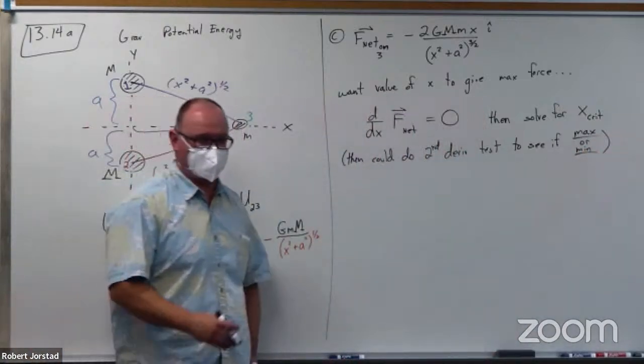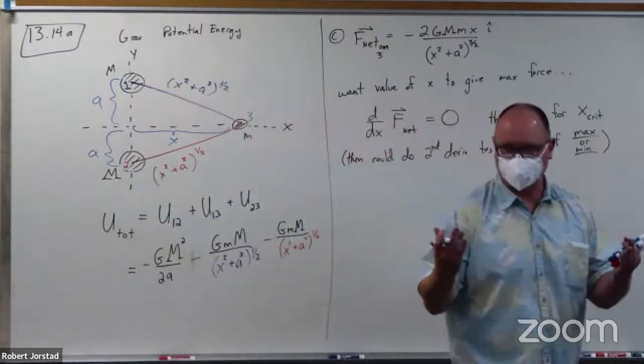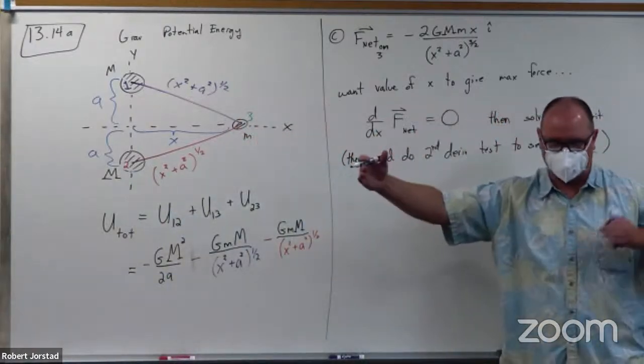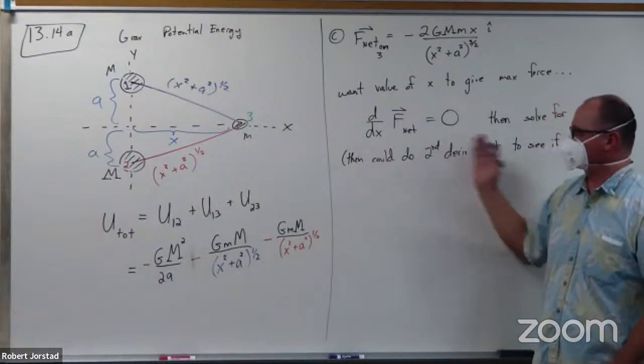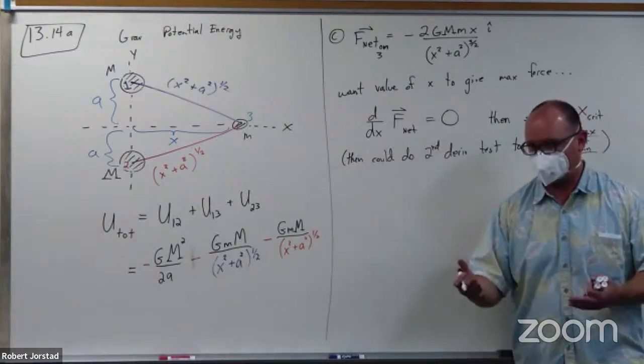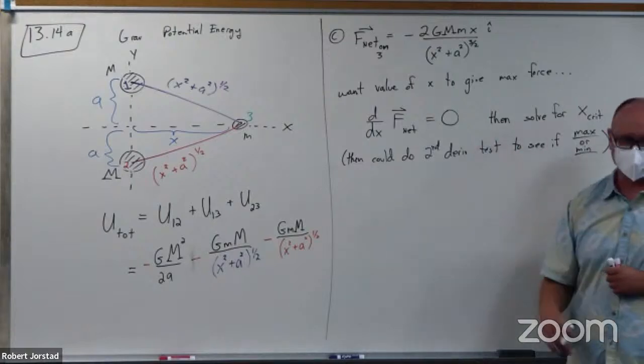Now, I believe we already discussed this and we know that there's going to be a maximum because we know it's 0 here, it's 0 there. So we don't need to do a second derivative test for this particular case. But if you weren't sure, you could do it.